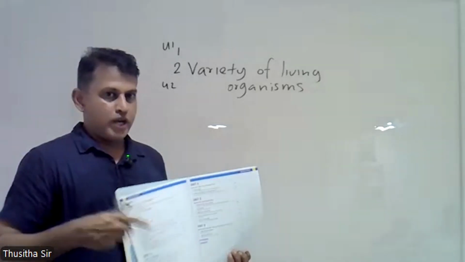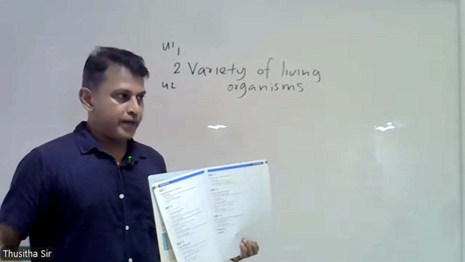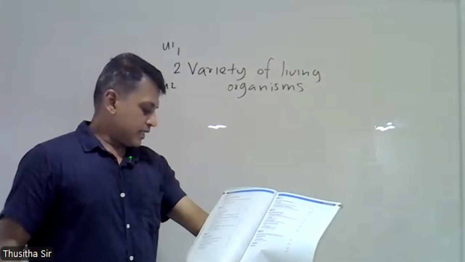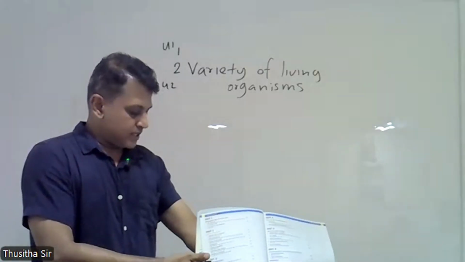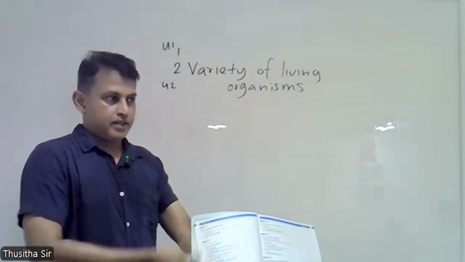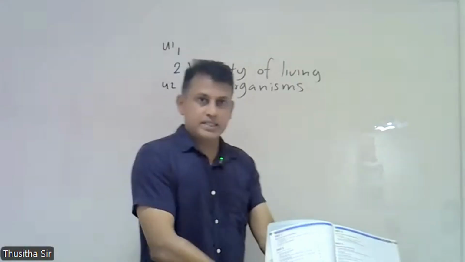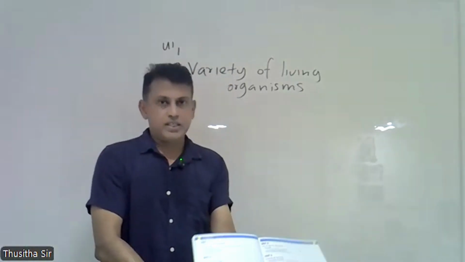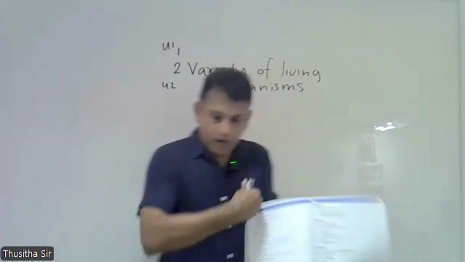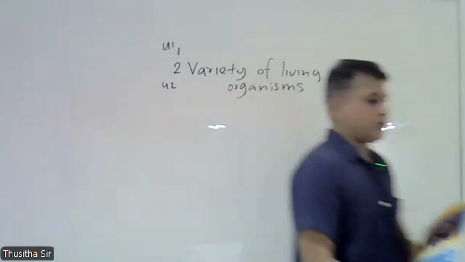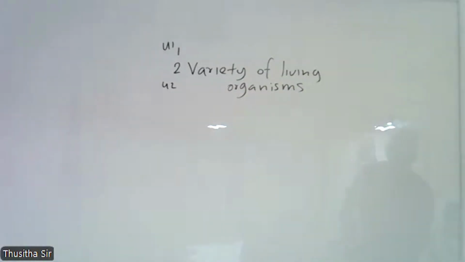We do the lessons one by one, and after I finish unit 1, I take some lessons from here and here, like plant nutrition and human nutrition, not exactly in textbook order. We are going according to the Pearson Edexcel specification, so we cover all the lessons of the textbook, but the order is slightly changed based on the specification given by Edexcel.